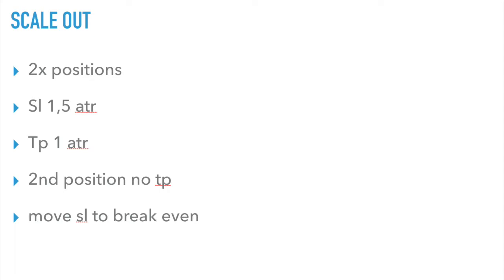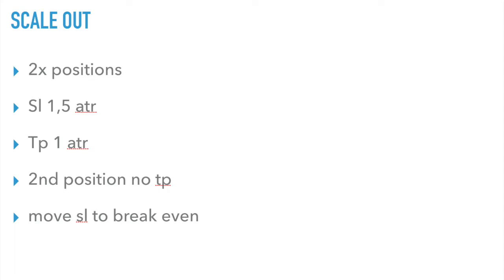Then the take profit of one of the positions has to be 1 times the average true range value. Then the second position has no take profit, but when the take profit of the first position is hit, we move the stop loss to break even at the entry price. So we take all of the risk off and we let the remaining position run till our exit indicator tells us to exit.